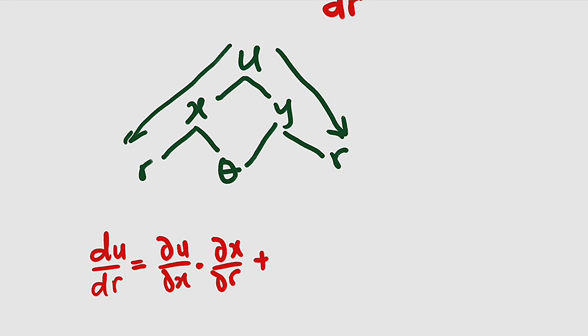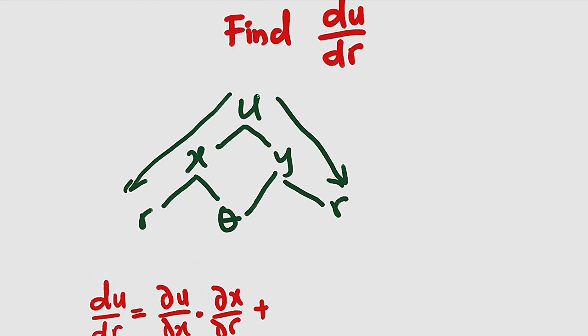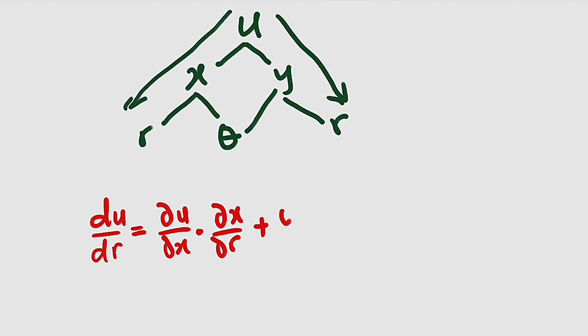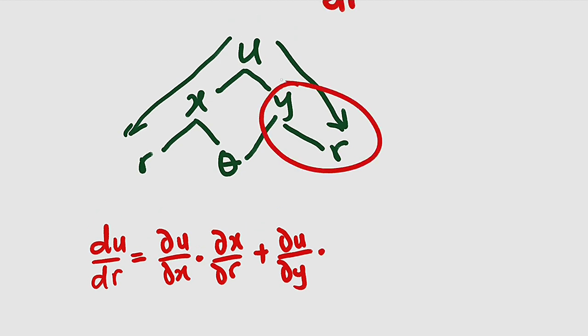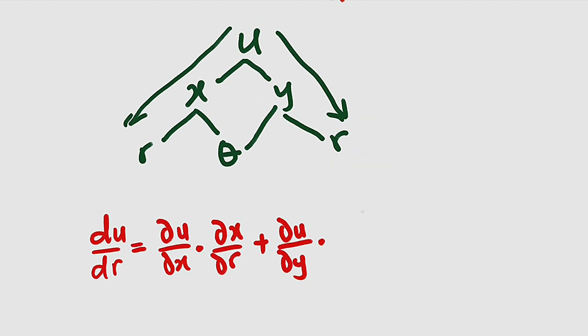Then you add. You come to the other direction: the partial derivative of u with respect to y, multiplied by the partial derivative of y with respect to r. And we are done.